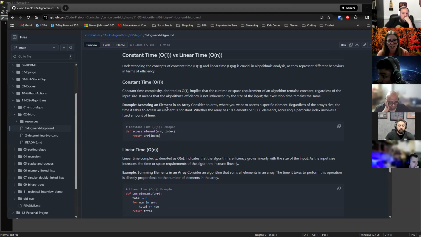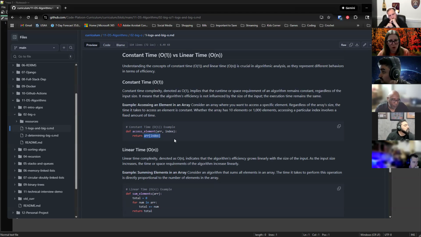Accessing an element in an array, I can change the size of this array that I'm passing in from just one value to 10,000. I can increase that size, but every single time this runs, it's only returning one value. Doesn't matter how much I increase this input, it always goes to that one spot.